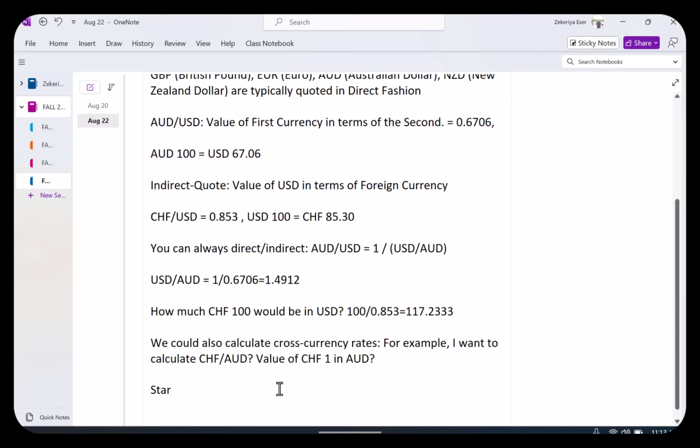First, I start with CHF. I mean, you can directly get quotes from banks for cross, but if all you have is the exchange rates against dollar, you can still figure out what they need to be. Start with one CHF. Since I can't directly convert it into Australian dollars yet, I'm going to figure out how much that is worth in US dollars. So I'm basically looking for CHF/USD. Okay?